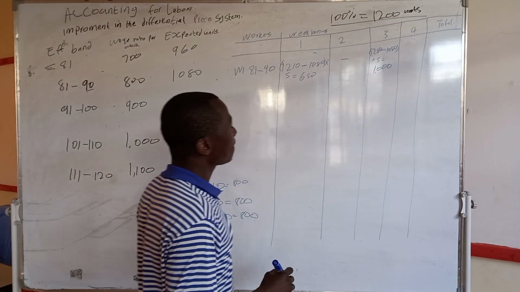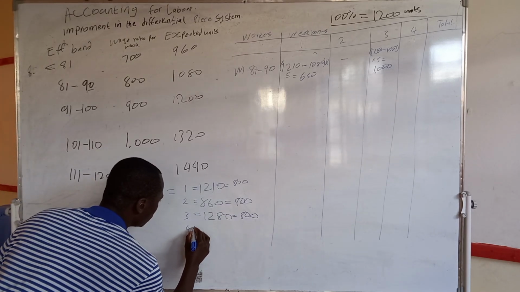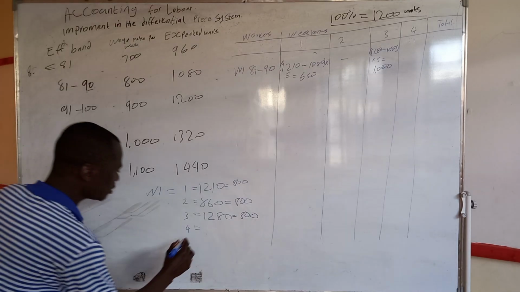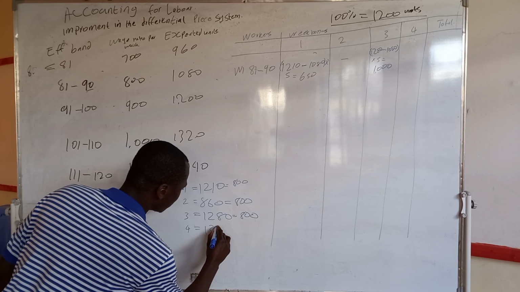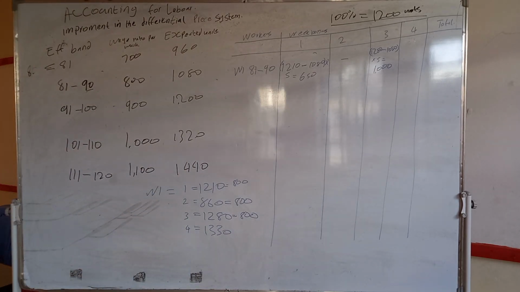Now week 4. You produced 1,330. That's how much you produced in week 4.